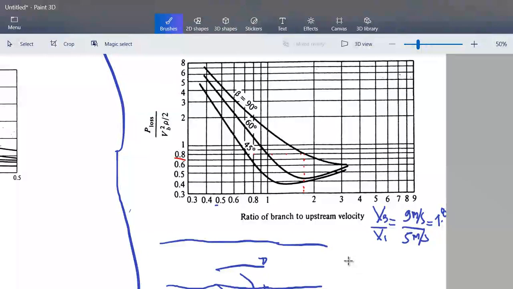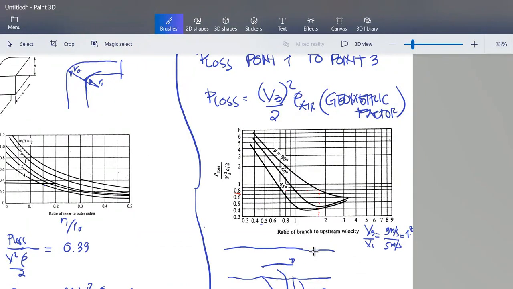So your P loss from here will now be your velocity 3, sorry, velocity 3 squared divided by 2 times the density of air. So that is equal to how much? 0.8. Okay, so this is now your geometric factor. Multiply that one, and you get the P loss of the system.